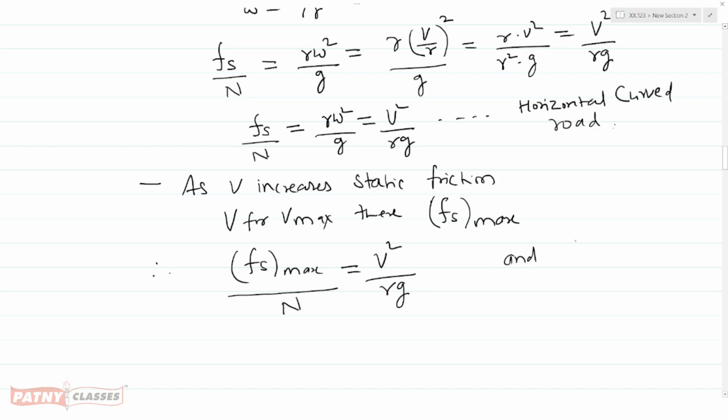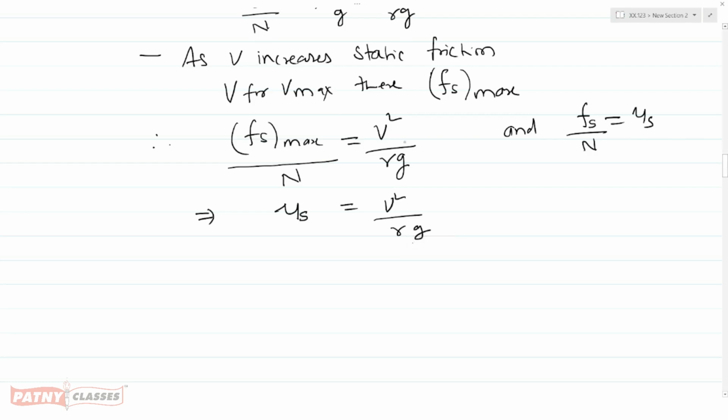And we know that static friction upon normal reaction equals mu s, where Fs is the static friction and N is the normal reaction. So Fs upon N equals mu s, which implies mu s equals v square upon rg. But v is the maximum value, therefore we write v max square here, and here also v max square.